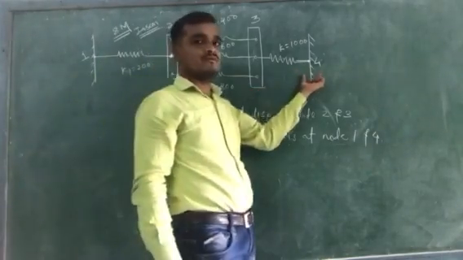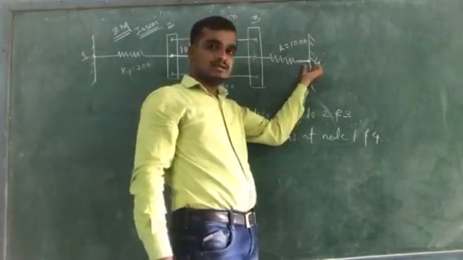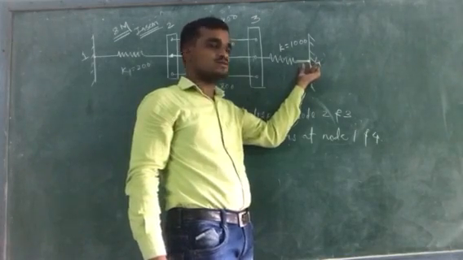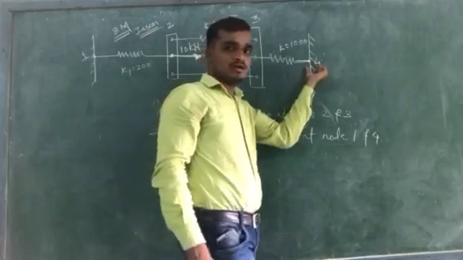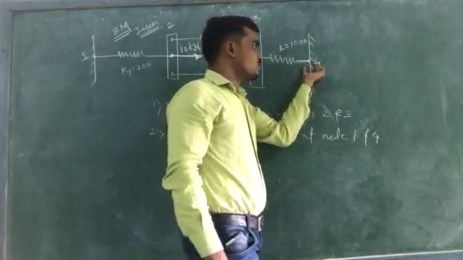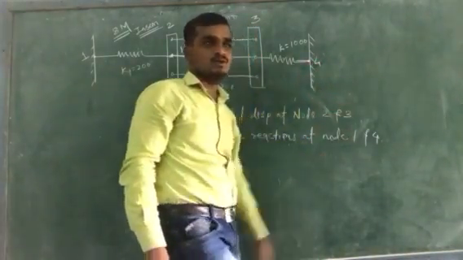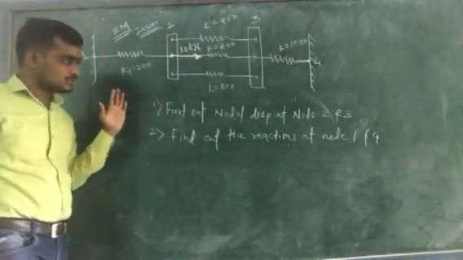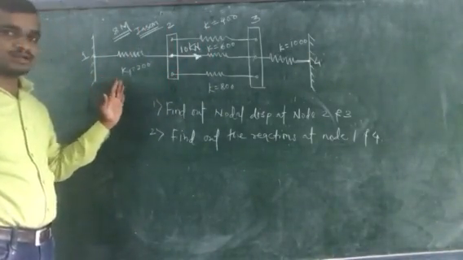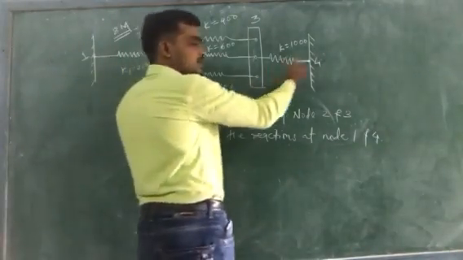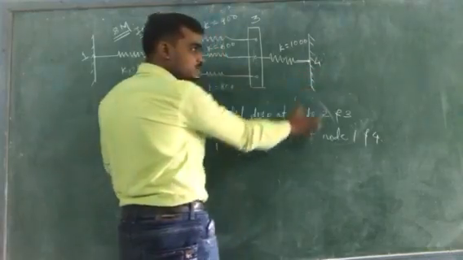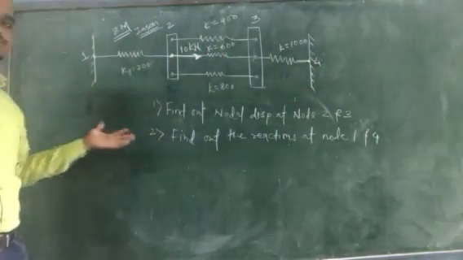For U4, this node is fixed, so the displacement will not occur at this node, and the U4 value will become 0. So your displacement vector boundary condition will become 0, U2, U3, and 0. In this way you can apply the boundary conditions.